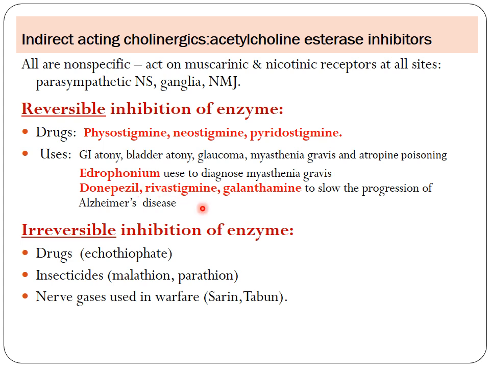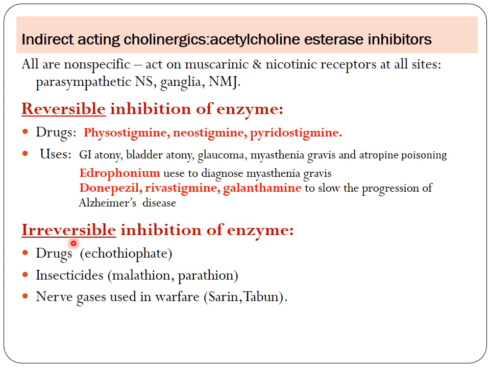Donepezil, rivastigmine, and galantamine, these three are used to slow the progression of Alzheimer's disease, not a treatment, just slowing down the progression of the disease. What's Alzheimer's disease? It is one of the neurodegenerative disorders characterized by loss of cognitive function, dementia, due to what? Due to degeneration of the cholinergic neurons in the brain.